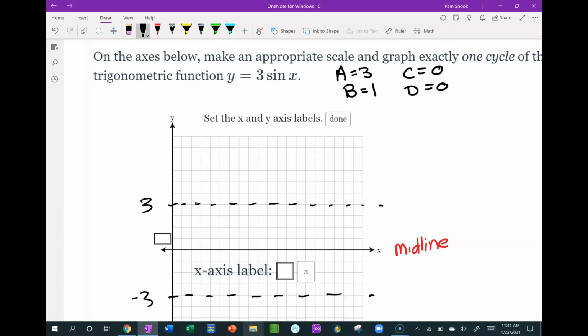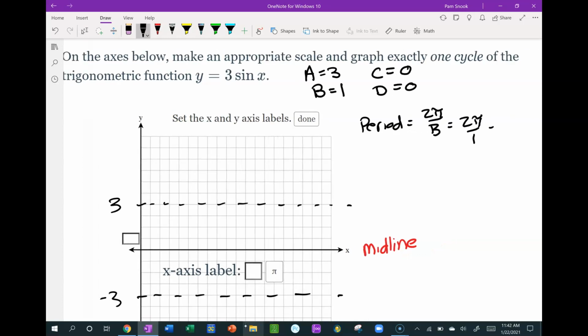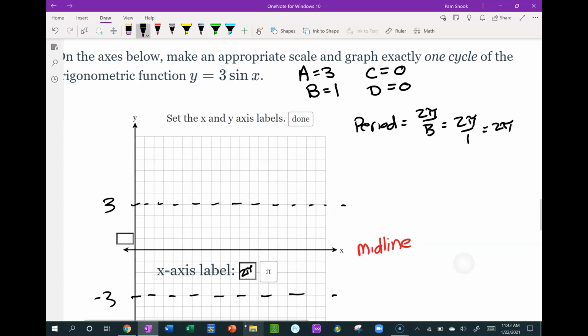Let's get our period. So that's just 2 pi. On my graph, for my x-axis label, I'm just going to put in 2 pi. And then what I'm going to do is plot some points. I'm going to plot my critical points. My first one is my starting point.